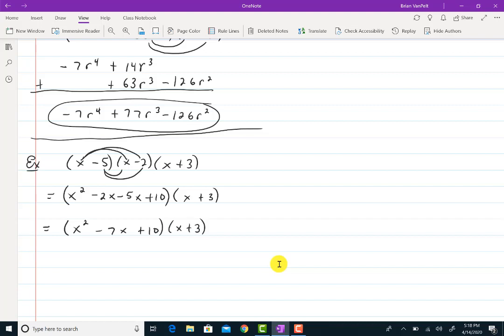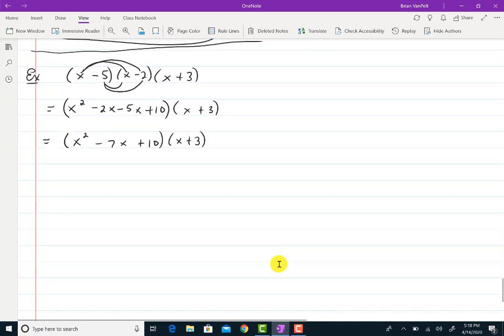And now here comes one of those super FOILs. I'm going to do x squared times x, so I get x cubed, then x squared times 3 plus 3x squared. Then negative 7x times x will be negative 7x squared, and I violated what I just said I would do. Negative 7x squared.